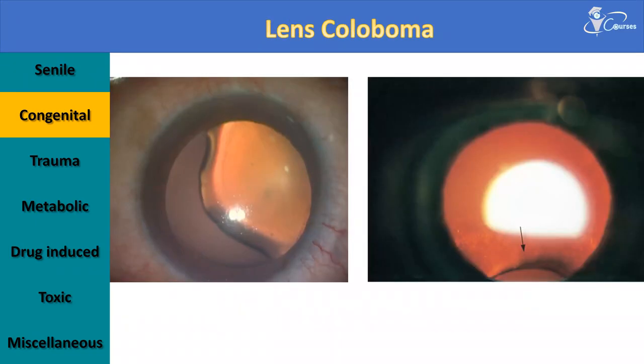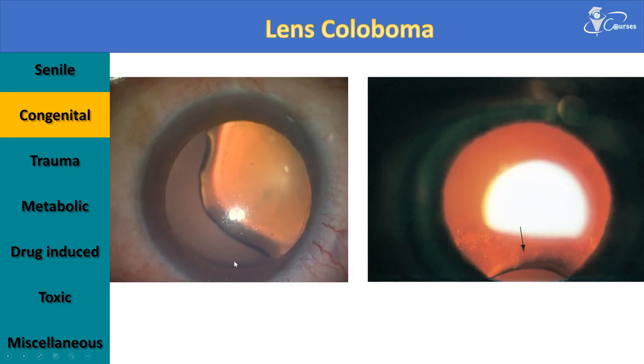A third congenital anomaly related to the lens is the lens coloboma. A coloboma is an anomaly in the shape, like a wedge-shaped defect or indentation of the lens. This is a primary lens coloboma. Sometimes the coloboma could be secondary, like after trauma or if there is a ciliary body tumor.